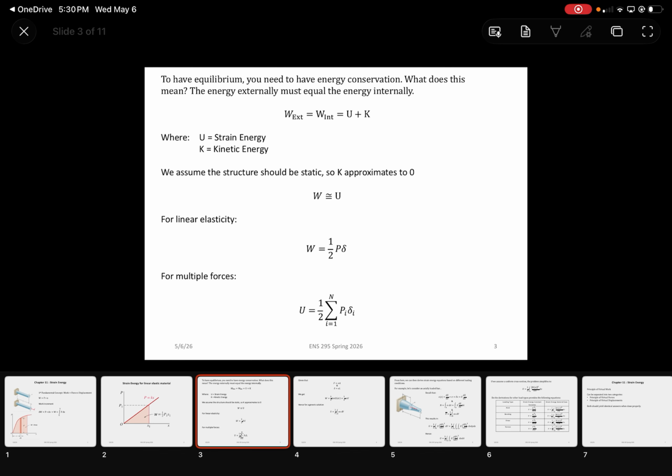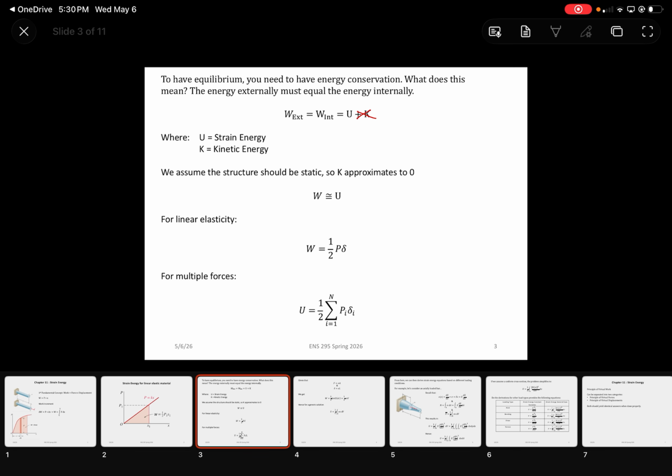So we can apply the same concept to energy, where the total energy for the external system has to equal the internal system. And then this can be broken up into strain potential energy and kinetic energy. However, in a lot of instances, when we are dealing with structural systems, do you want your buildings to move? No.